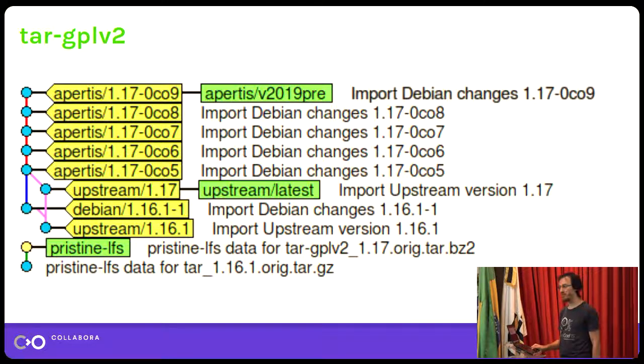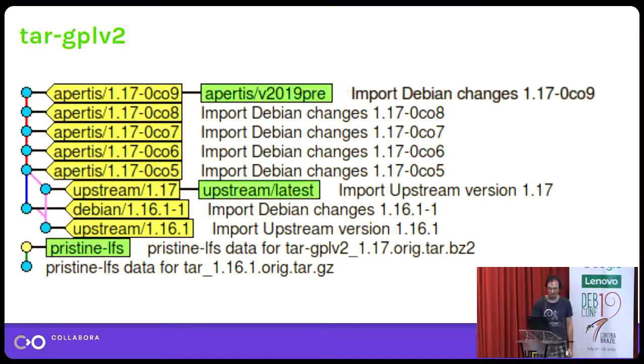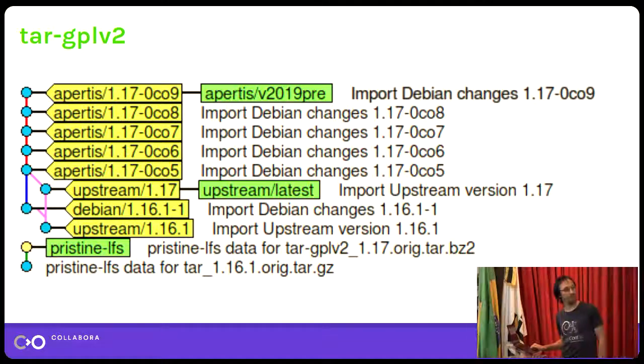Basically, if we put gplv3 there, they just won't use our distribution. So in this case, it's a bit more complicated. As you can see, there's an upstream branch, an Apertis branch, multiple commits, and two different tarballs: the original tar 1.16.1 and the 1.17 with the renamed package. The source package has been renamed.